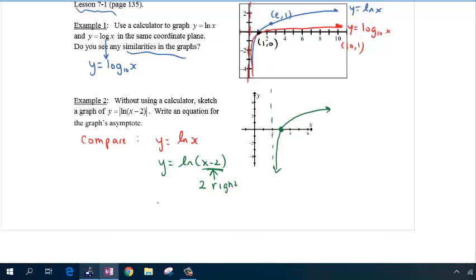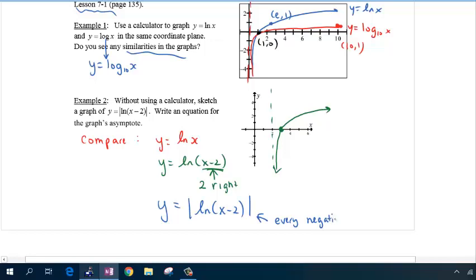But we're not done, because I'm asking you to take the absolute value of this function. And what does the absolute value do? Yes, it makes everything that is negative positive. So every negative y value becomes what? Positive.